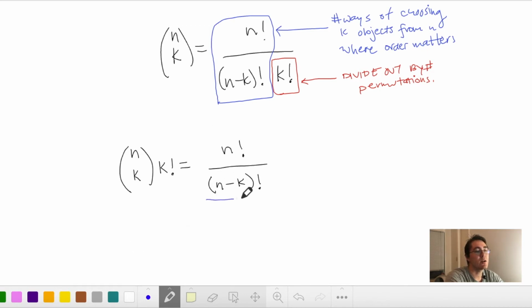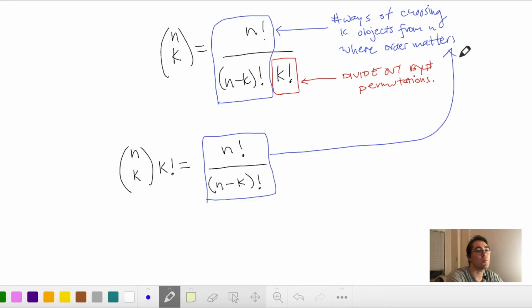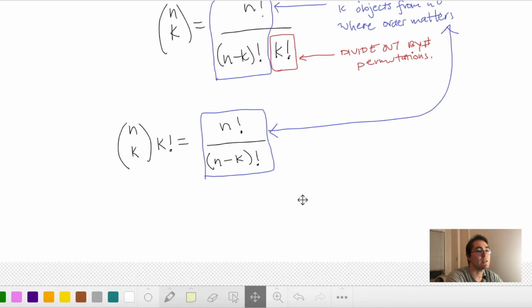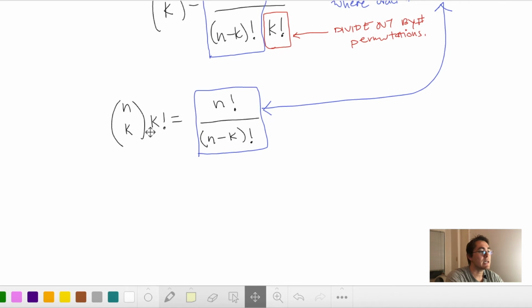So once again, we already know what this side of the formula represents. We know that that is just the number of ways of selecting k objects from n where order does matter. Now, just to really hone this in here, this side of the formula, let's suppose that we don't actually know yet what n choose k is.